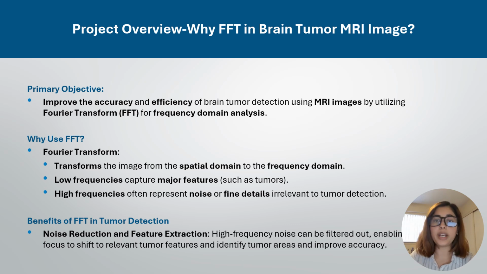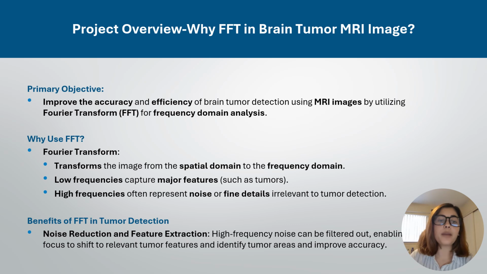Okay, first let's discuss the project overview. Why FFT in brain tumor MRI images? The primary objective of this project is to enhance the accuracy and efficiency of brain tumor detection using MRI images by utilizing the Fourier transform for frequency domain analysis. Fourier transform converts the image from the spatial domain to the frequency domain.